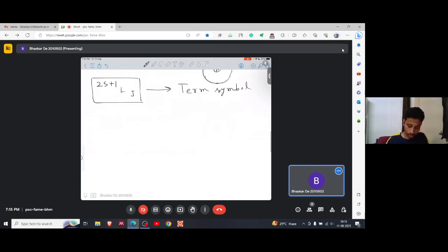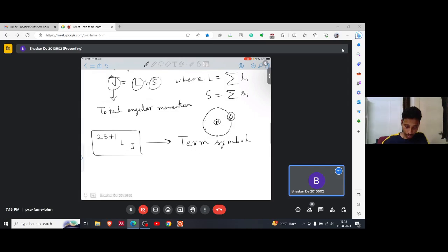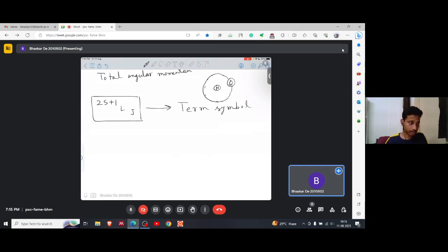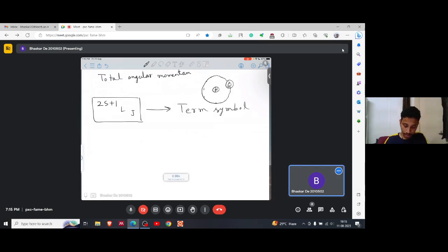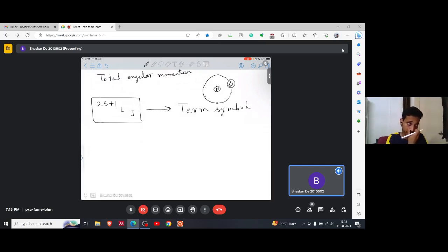Now we have some value for this S, L and J. There is a process of calculating these values S, L and J, and after that we have a particular term symbol for a particular electronic state.